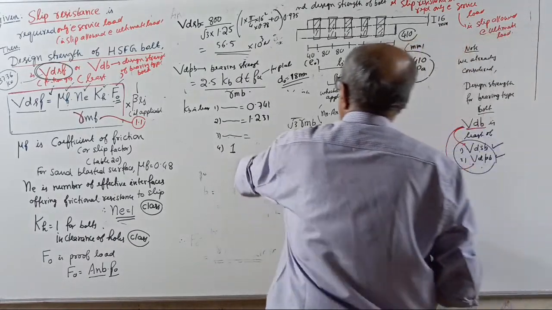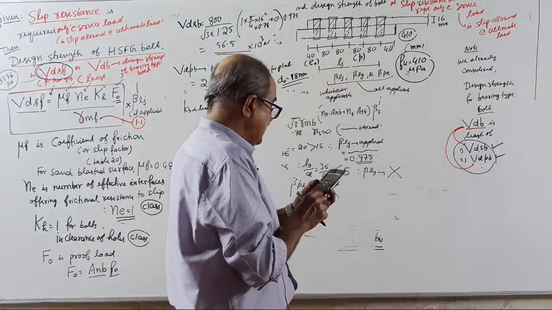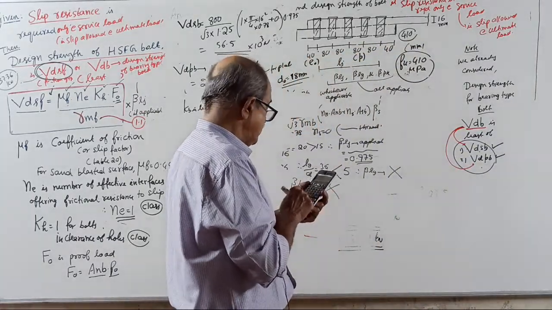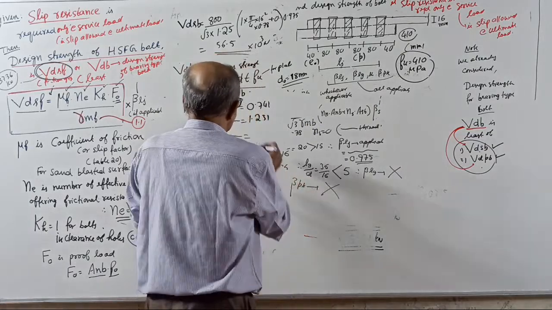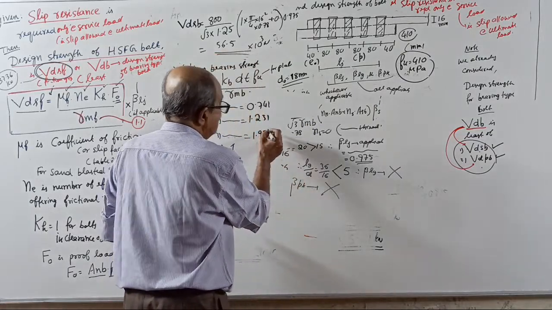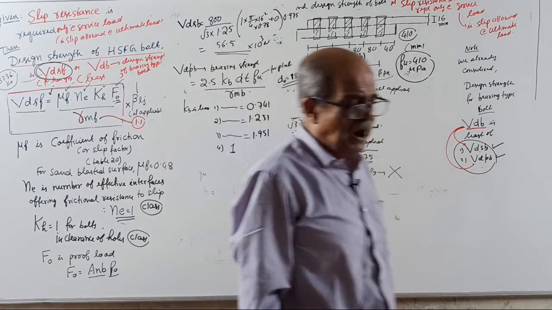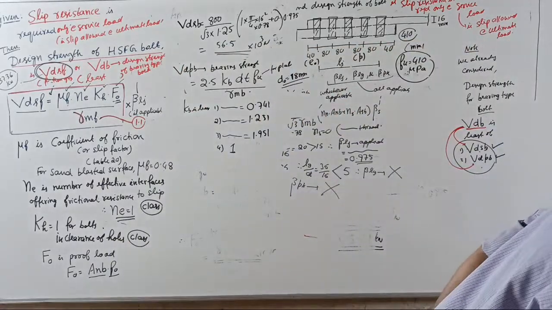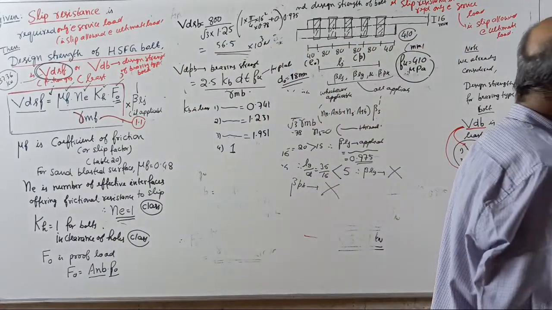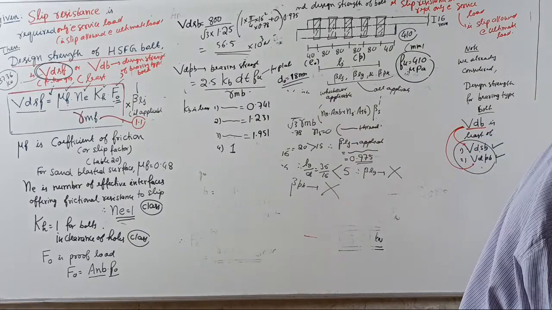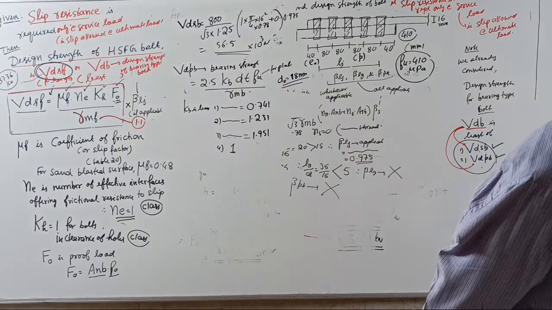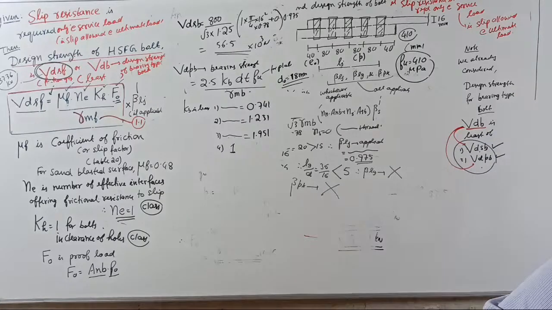So 800 by 410. Is it 1.951? Next number.